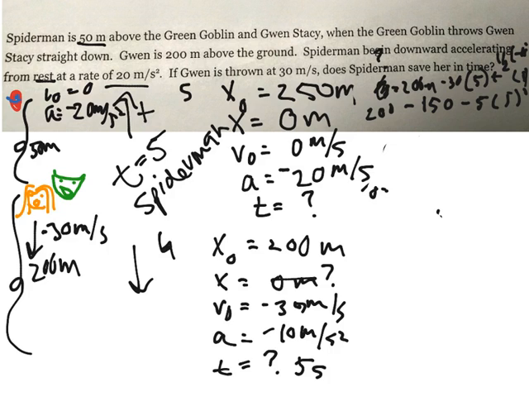So we can do the 200 minus 150, so we get 50, minus 5 times 25, which gives you negative 125.